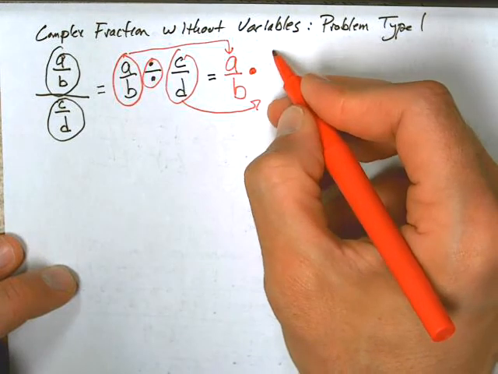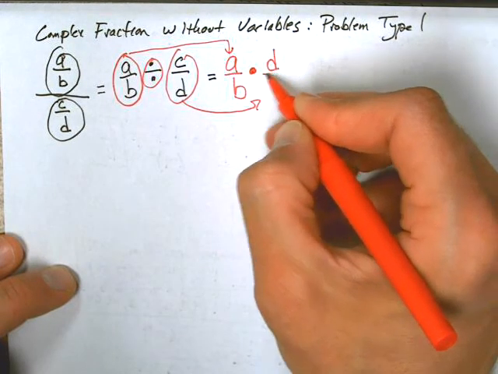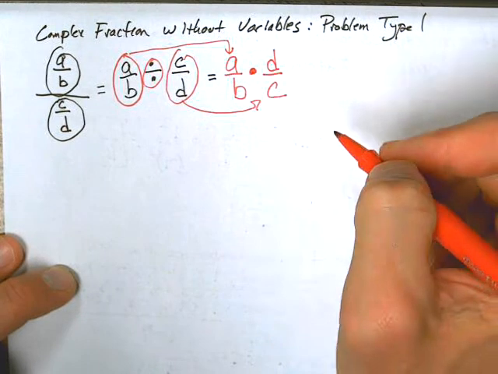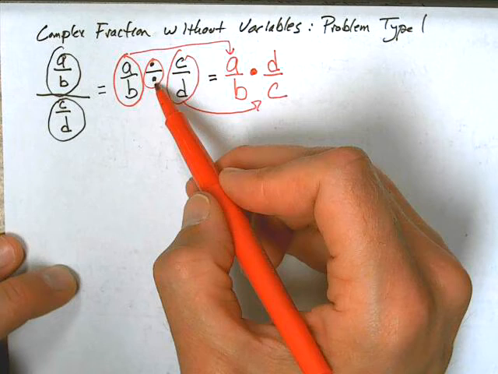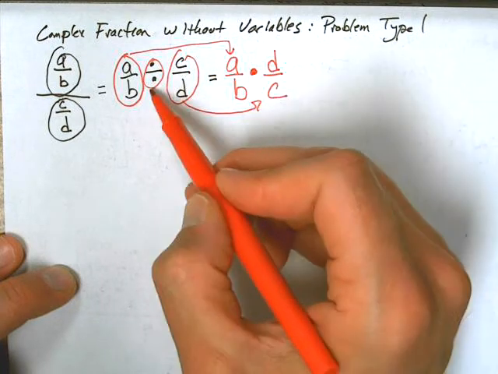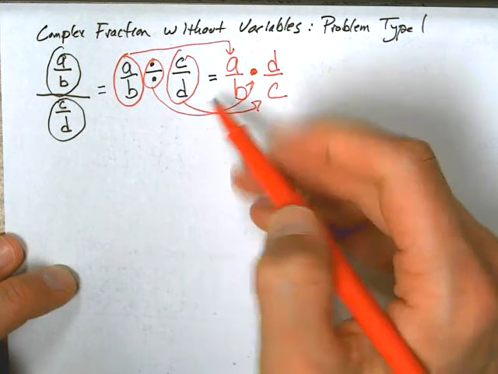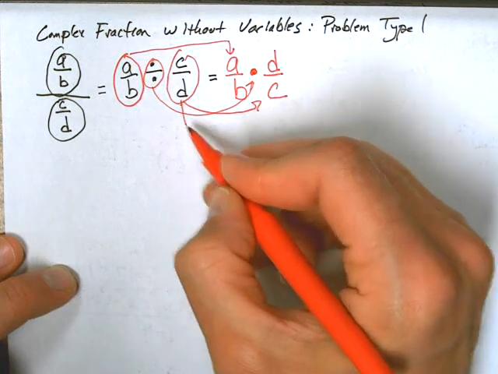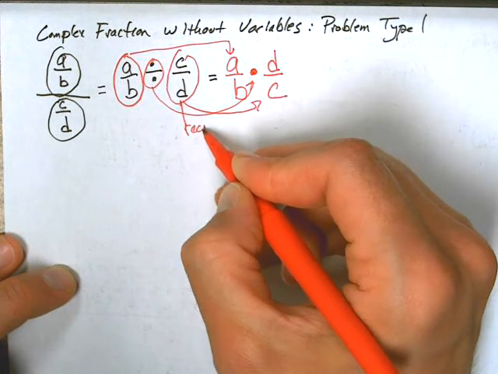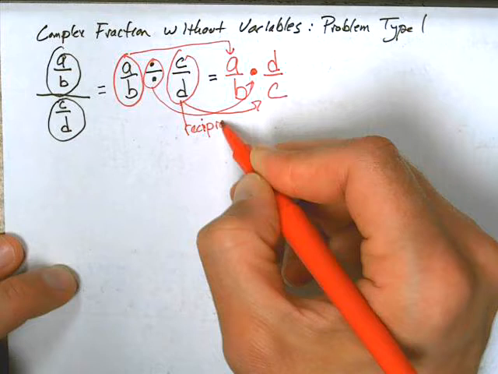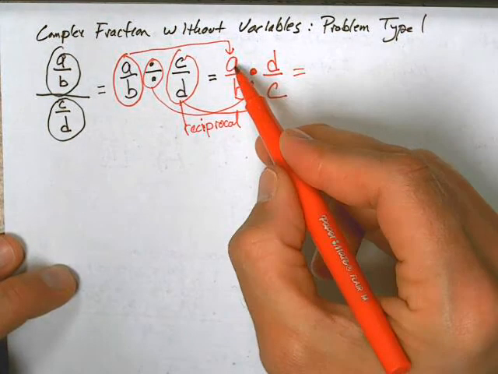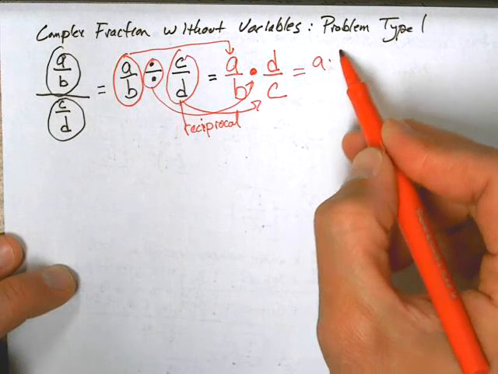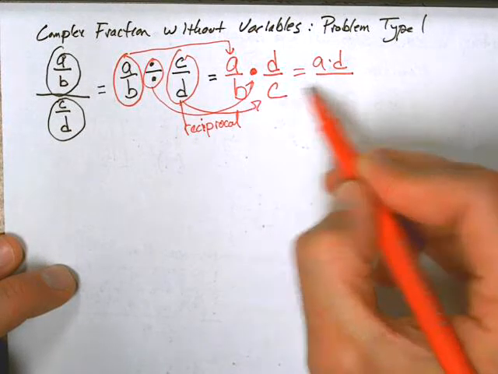I'd multiply by d over c. So you keep that first fraction, you change the sign into multiplication, and then you do the reciprocal of the second guy. It's always the reciprocal of that second fraction. Then you just multiply across. So it'd be a times d over b times c.